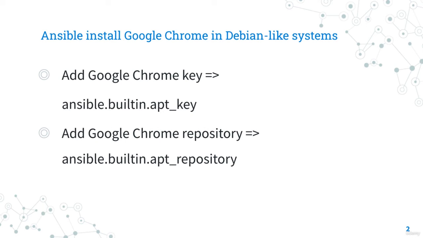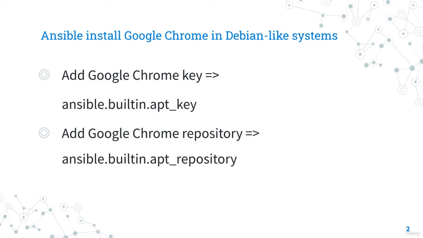The second step is to add the Google Chrome repository to the distribution. It's an extra website where apt, your distribution package manager, looks for software.